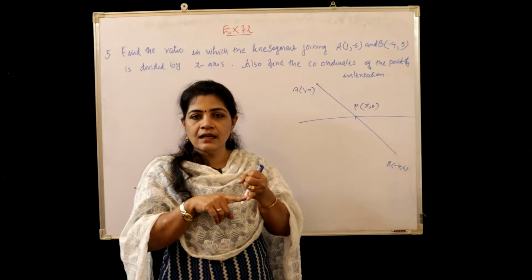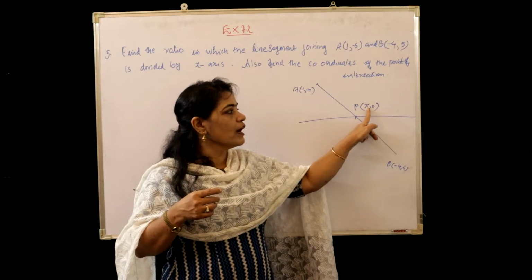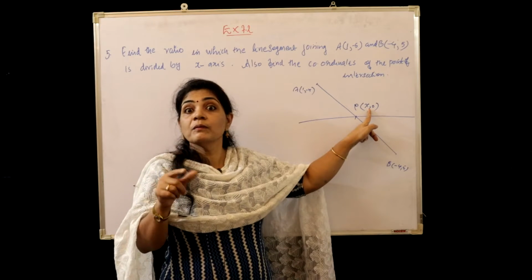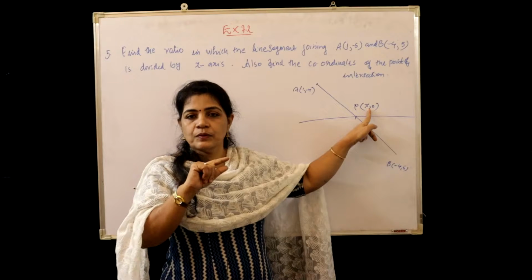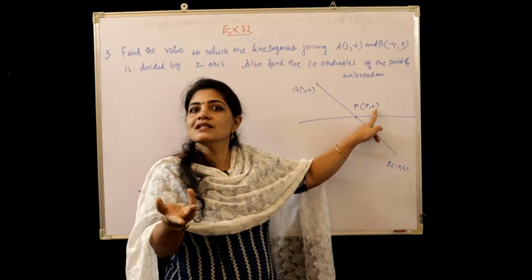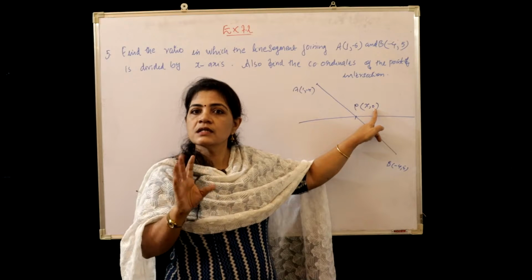If you take x, x is also unknown, the value of x is not known. So it would be better to take the equation in terms of y, because y is a constant, the coordinate of that point is constant, that is 0.